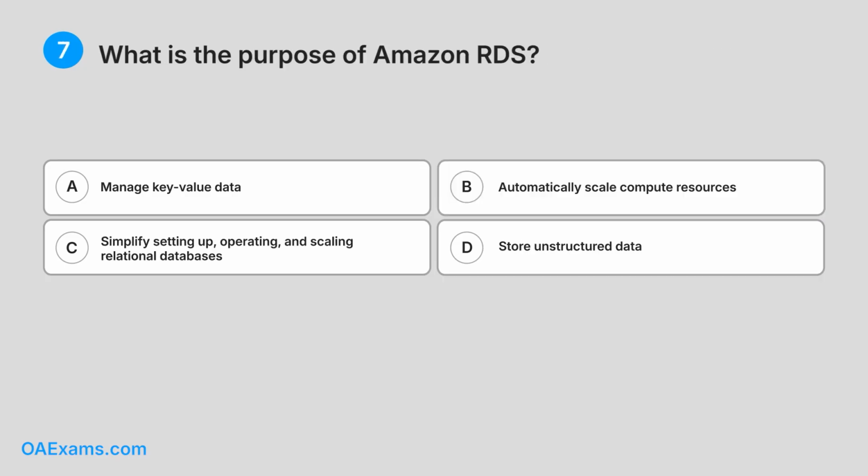7. What is the purpose of Amazon RDS? A. Manage key value data. B. Automatically scale compute resources. C. Simplify setting up, operating and scaling relational databases. D. Store unstructured data. Can you guess the answer?